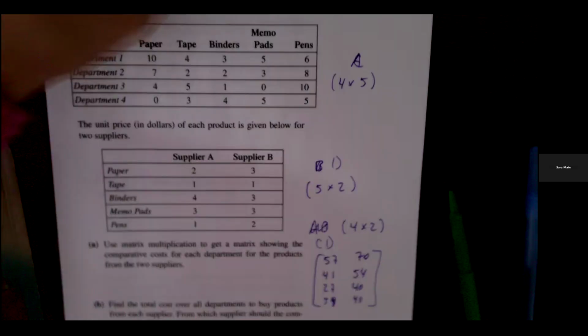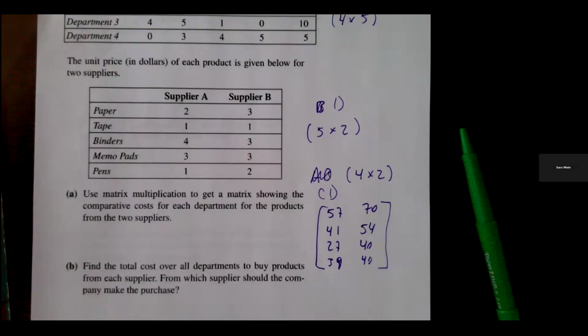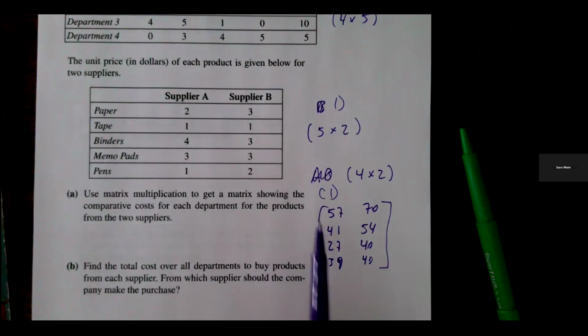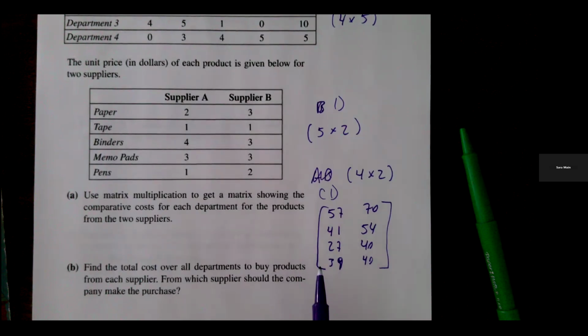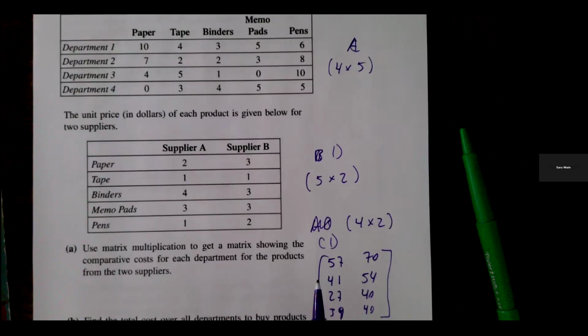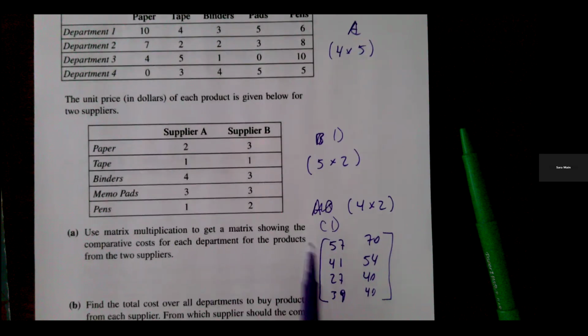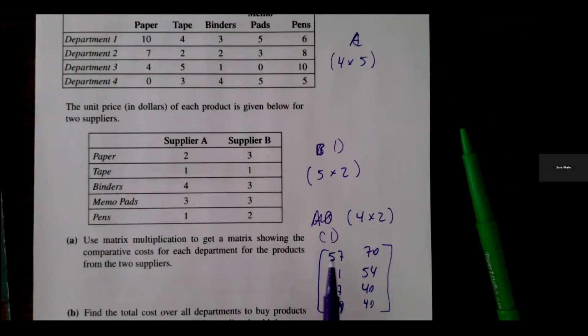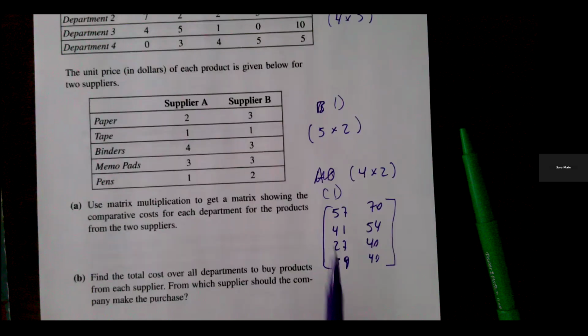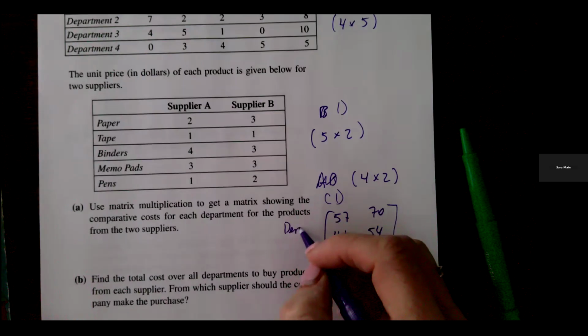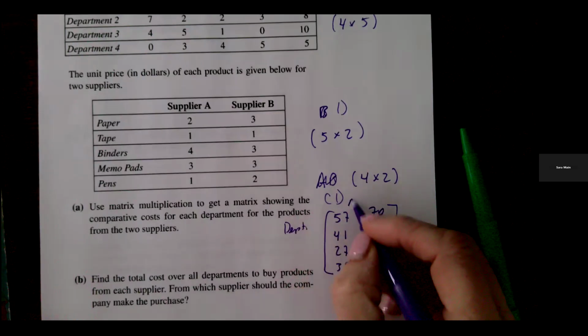So here is the cost for paper, tape, binders, I'm sorry, for the 4 departments. So department 1 for supplier A is 57, department 2 is 41, 27, 39. These are all departments. And this is supplier A and B.